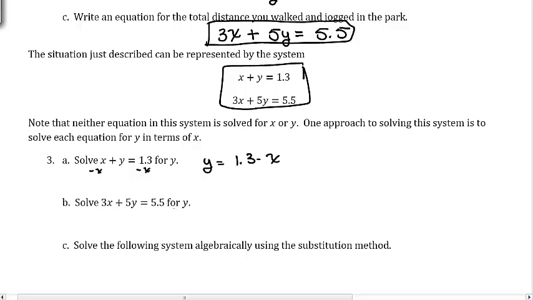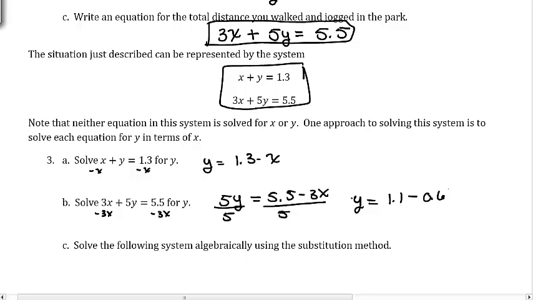And if we solve the second equation for y, first I would have to subtract the 3x from both sides. That would give us 5y = 5.5 - 3x, and then we would have to divide by 5 on both sides. And that gives us y = 1.1 - 0.6x, since 3/5 is 0.6.